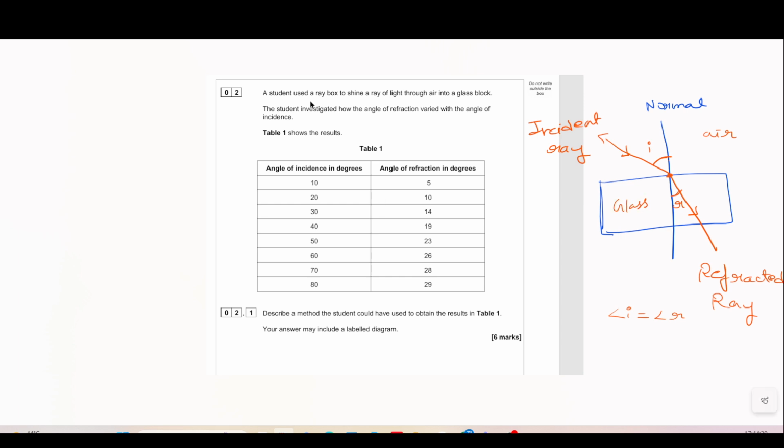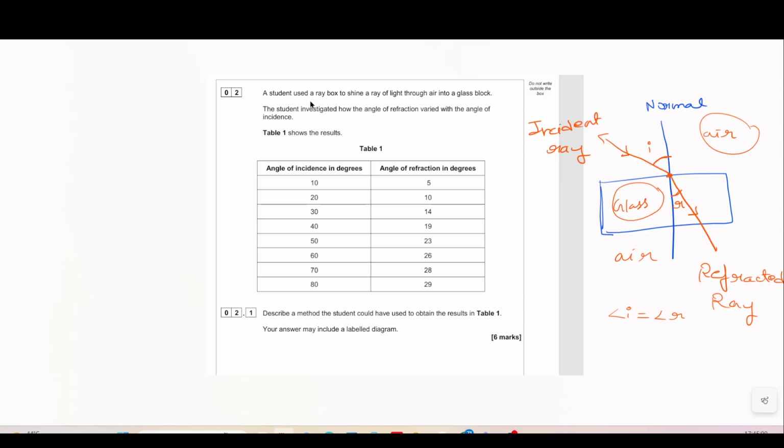So as the medium is changing from air to glass, and then again from glass to air, the light, instead of passing in a straight line, is bending. It is bending towards the normal, and because of the refractive index, sometimes it bends towards the normal and sometimes away from the normal, which depends on its refractive index.